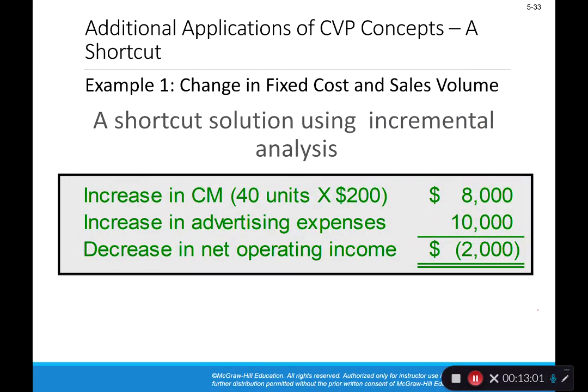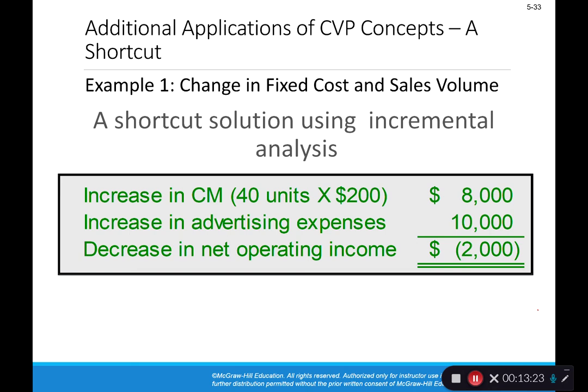Here is the shortcut method that I showed you typed up. Looks nice and pretty. And it arrives at the same conclusion that this would be a bad move. By increasing advertising 10 grand, we're going to end up losing $2,000 because we're only increasing our CM by 8 grand.